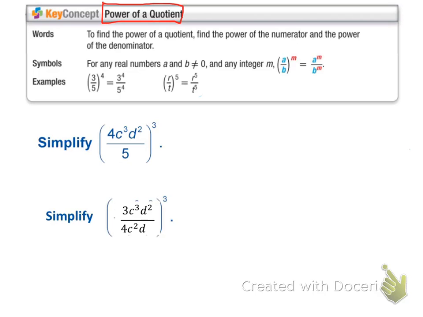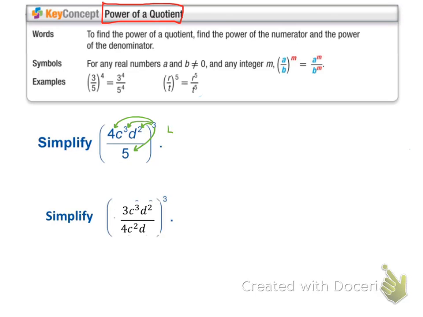Okay. So it says simplify 4c cubed d squared divided by 5 cubed. So that 3 needs to go with everything inside the parentheses. It's going with the 5, it's going with the 4, it's going with the 3, and it's going with the 2.